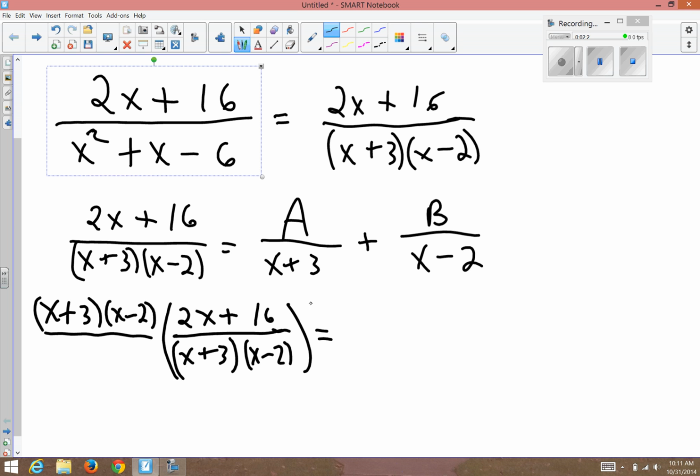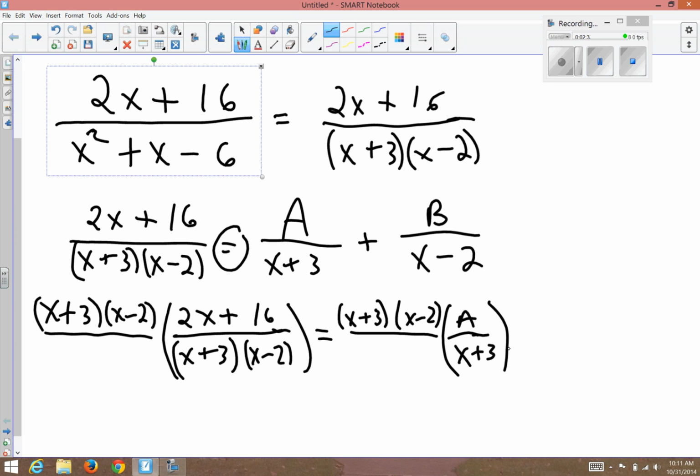So we have to multiply the other side of the equal sign by the same thing. Common denominator times a over x plus 3, plus, distributing, common denominator times b over x minus 2.